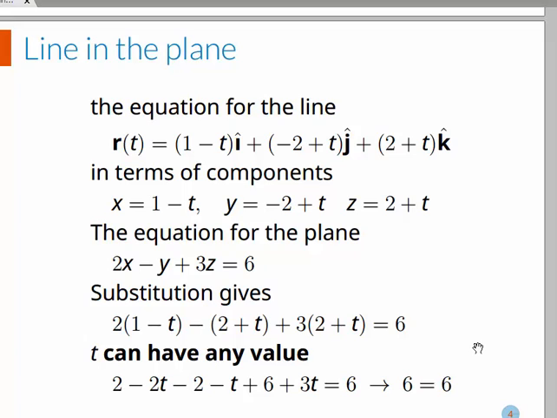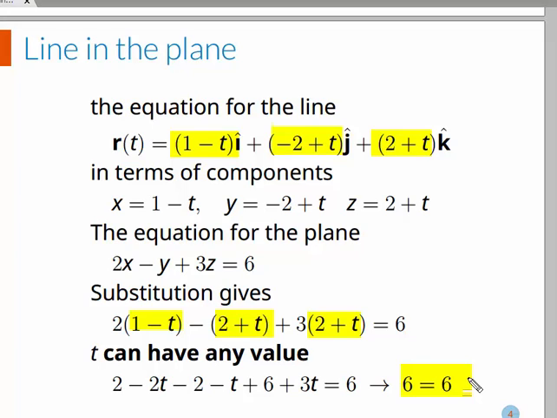Now let's look at the case in which the line is lying inside the plane. So we're doing exactly the same thing again. We take the x, the y, and the z components for r, and we substitute them into the equation for the plane. In this case, the t's go away again, but we end up with 6 equals 6, which is true.